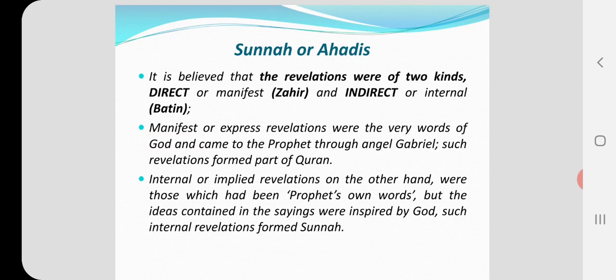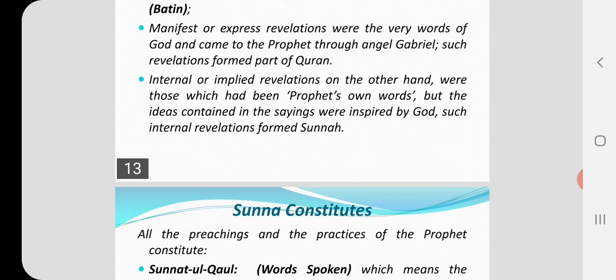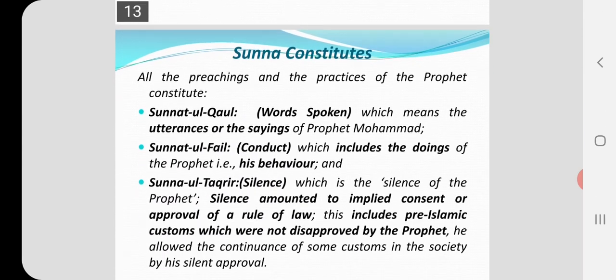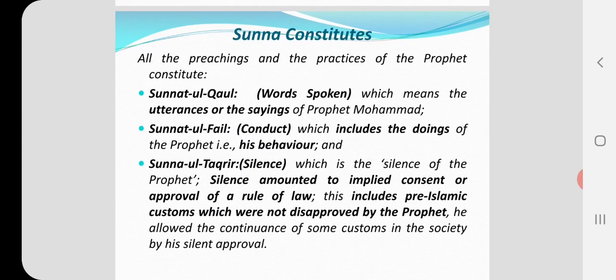It is the faith of Muslims that Prophet Muhammad's words, his deeds, and his silent approvals were also a form of revelation. He never did anything against what was said by God to him. And therefore, Sunnah is very important for Muslims. It became the second source in this way.